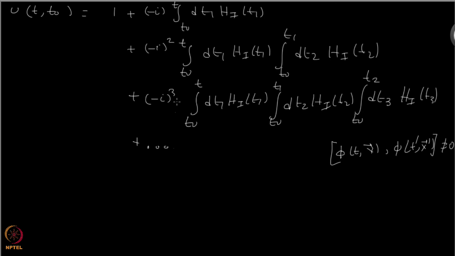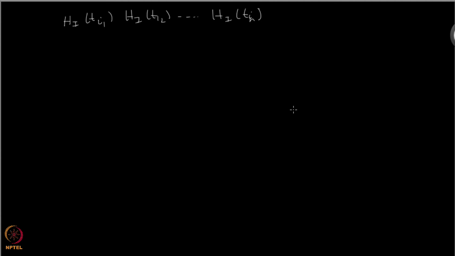So we have Hi of ti1, Hi of ti2, and so on up to tin. We are going to have, for the nth term, n such H's, okay.